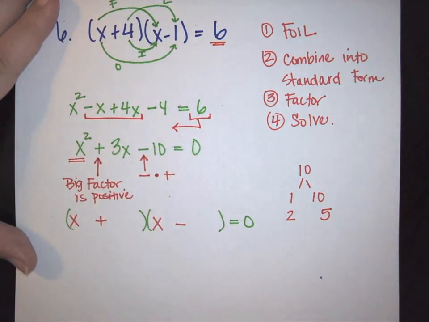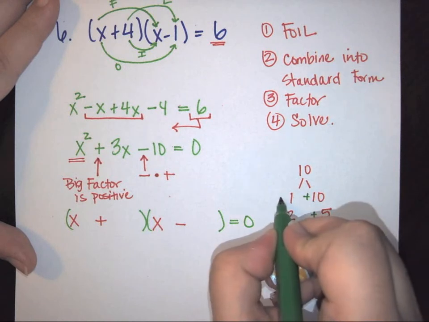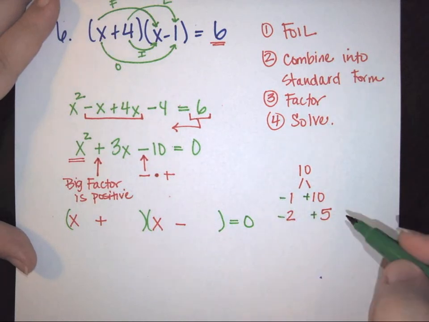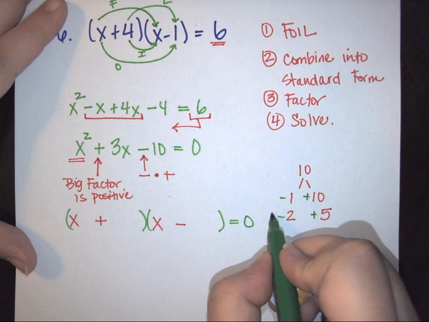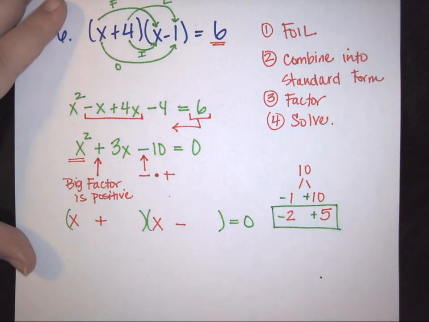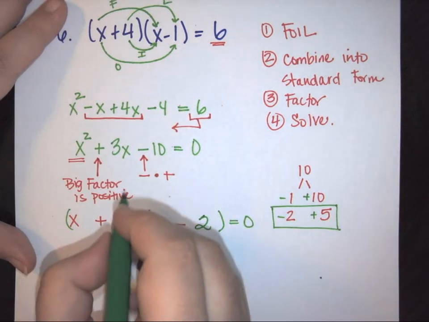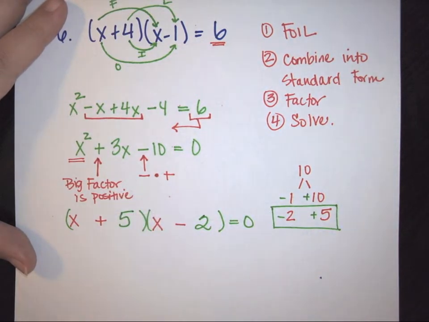That being said, that means that these sides over here are positive, whereas these sides are negative. And I need a combination that gives me 3, so that's going to be this combination right here. So in doing so, it means I need to input my values. So the negative 2 is here, and then the positive 5.